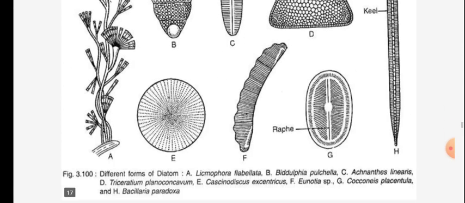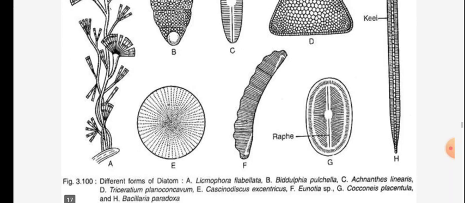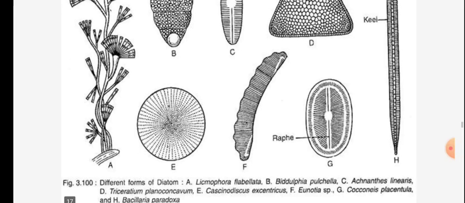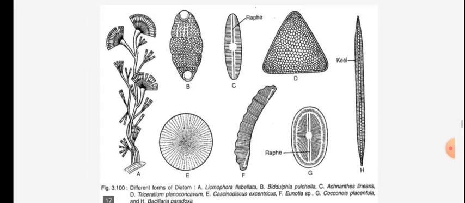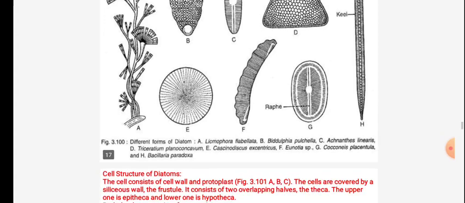All these are single cells. The names are: A, Amphora; B, Biddulphia; C, Achnanthes; D, Triceratium; then Coscinodiscus; E, Eunotia; F; G, Cocconeis placentula; and H, Bacillaria. So you remember this diagram for our study.